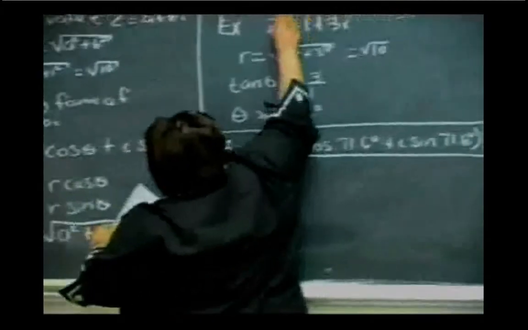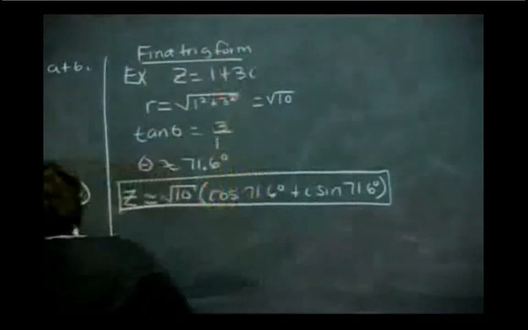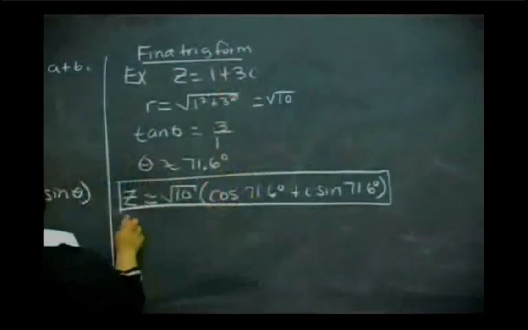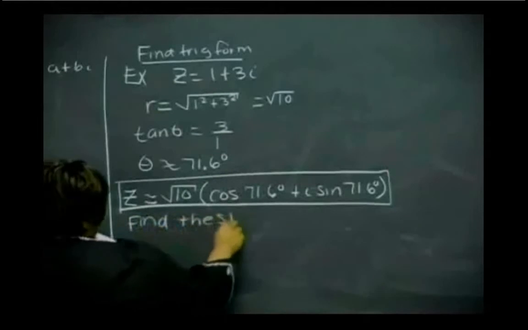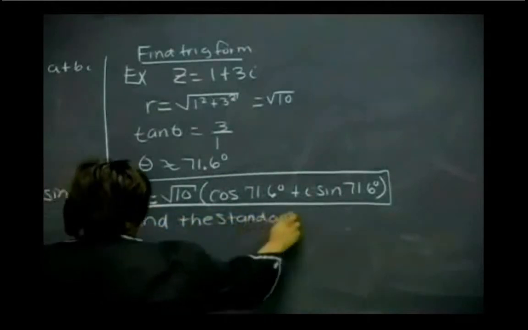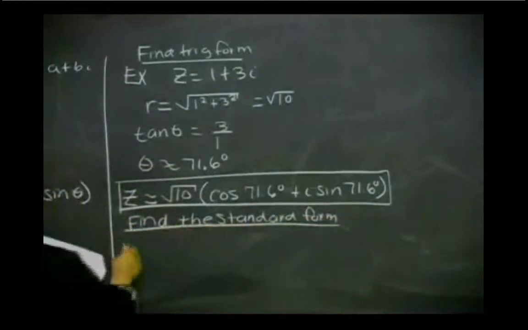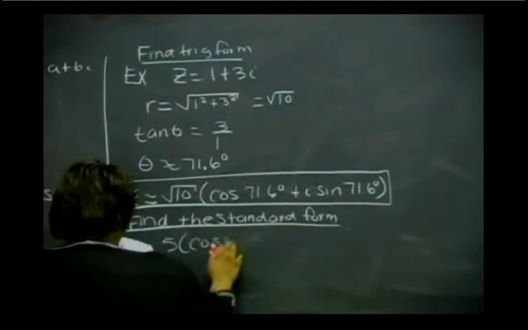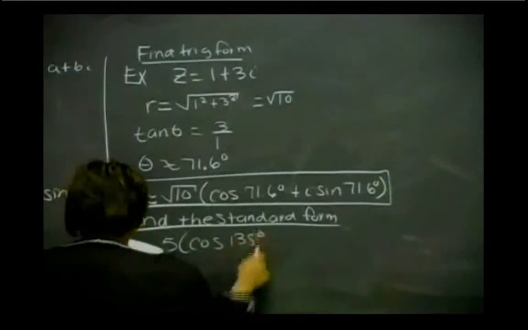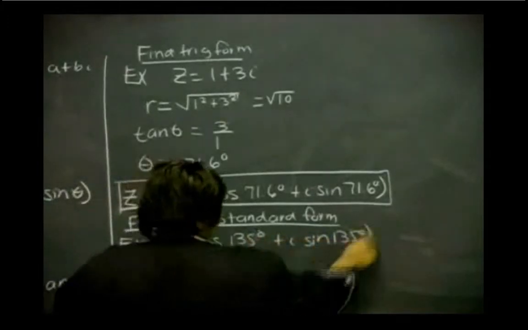So this we want to find the trigonometric form. What if we're given a number in trigonometric form and they want to find the standard form? Standard form is A plus BI, but suppose we have 5 times (cosine 135 degrees plus I sine 135 degrees).